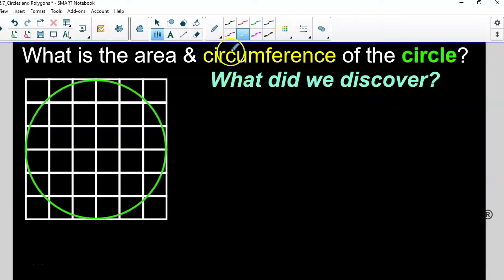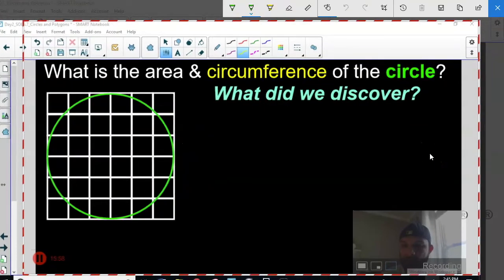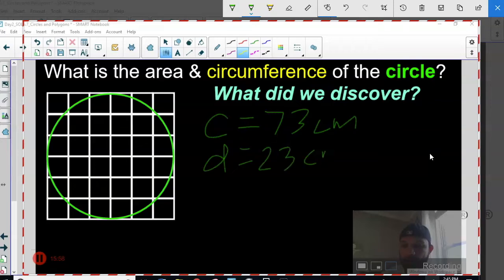For me, I discovered that my circumference was 73 centimeters and my diameter was 23 centimeters.